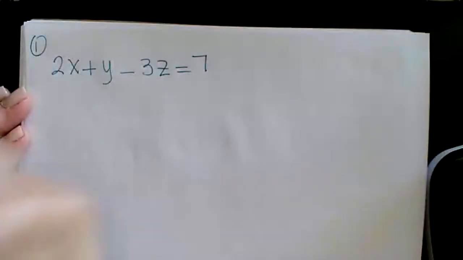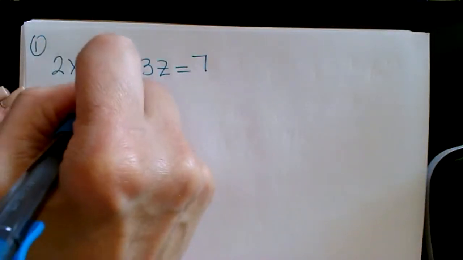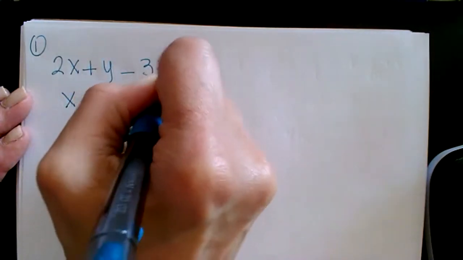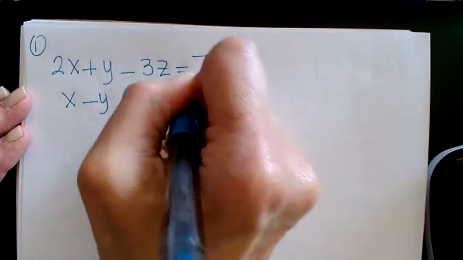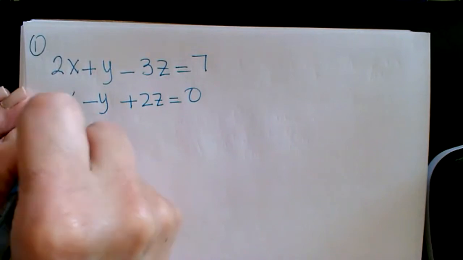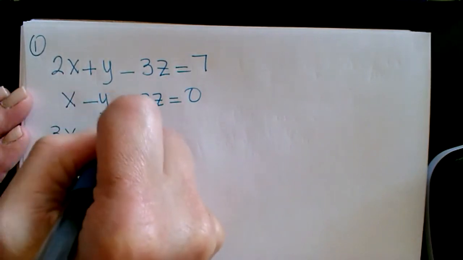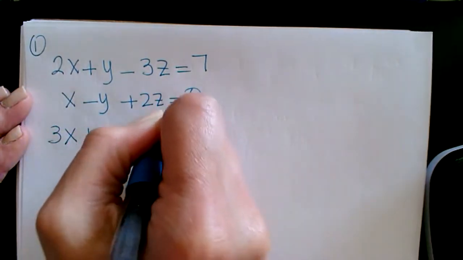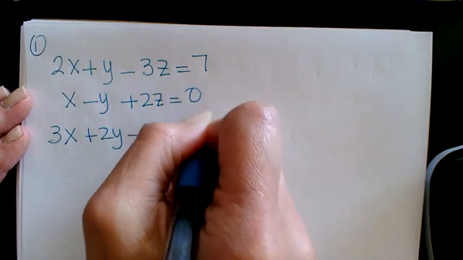Okay, hold on. So here's the example, and we're going to keep this handy. The first one says 2x plus y minus 3z equals 7. We have x minus y plus 2z equals 0, and we have 3x plus 2y minus 5z equals 11, okay?